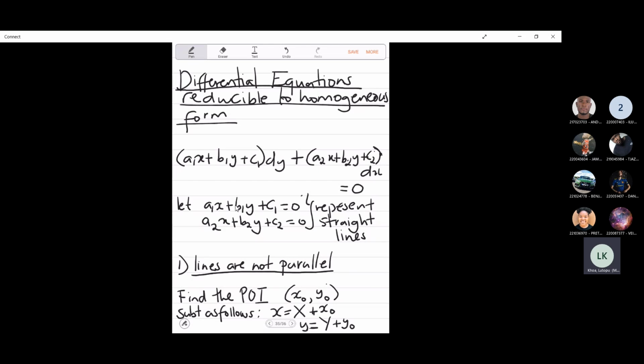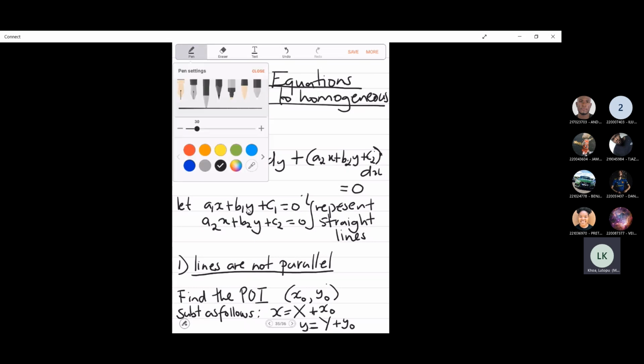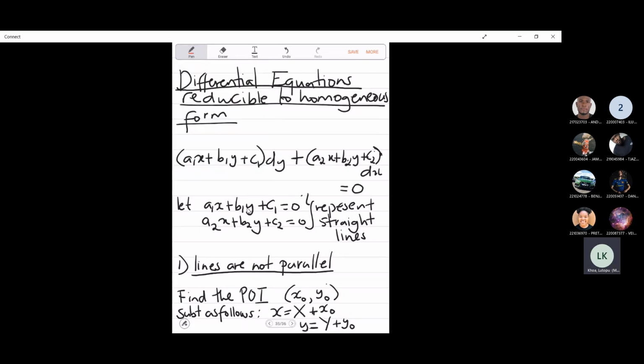So if you were to write this in standard form, y is equal to mx plus c, you would see that your gradient is minus a1 over b1. So over here, our m is minus a1 over b1. And for the second one, our gradient is minus a2 over b2.